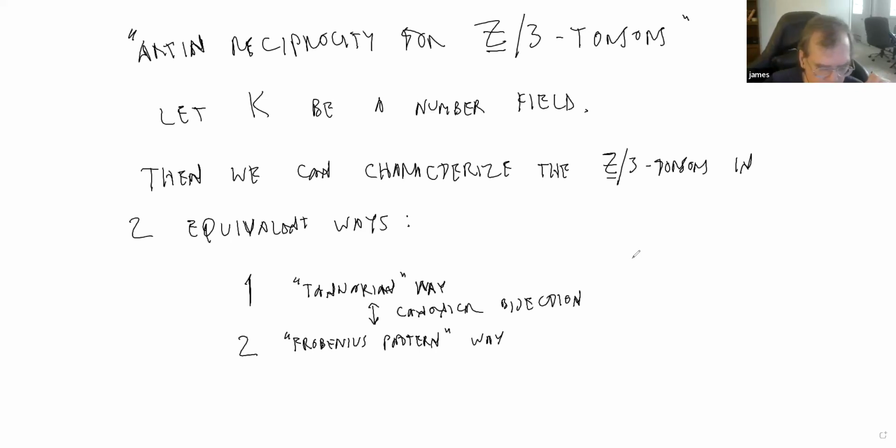So maybe what I'll do right now, before even finishing the statement of these equivalent ways, the Tannakian way and the Frobenius pattern way, is experiment with an example. I'll deliberately choose an example where K is not the rational field.